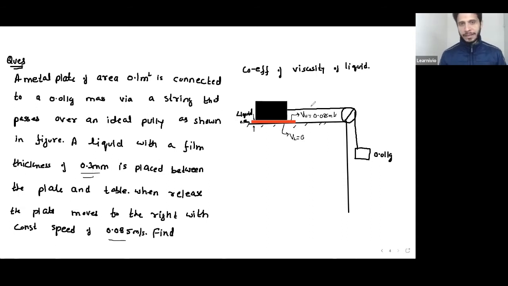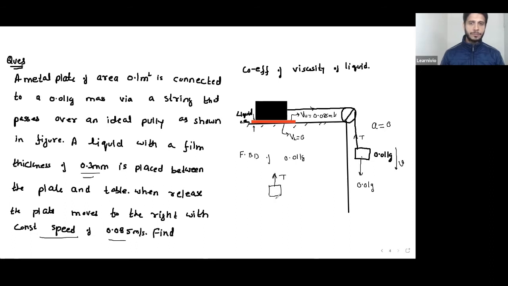And this plate is moving with a uniform velocity, with a constant speed. If it is moving with a constant speed, that means acceleration is 0. So if I draw the FBD of the 0.01 kg mass, two forces are acting on it.